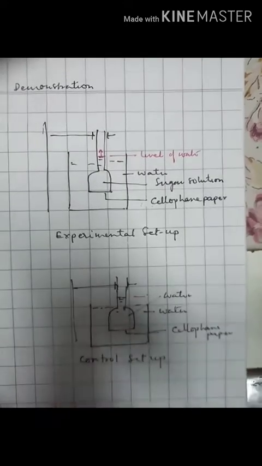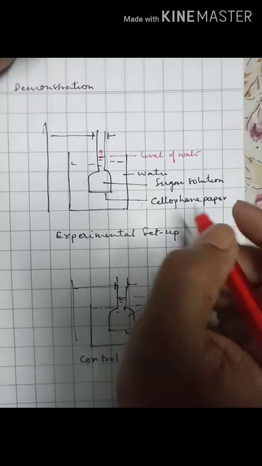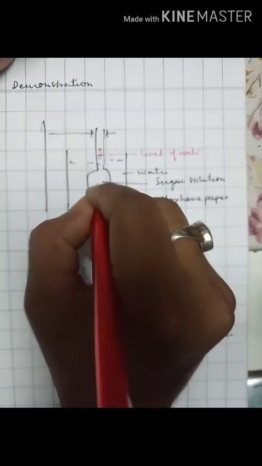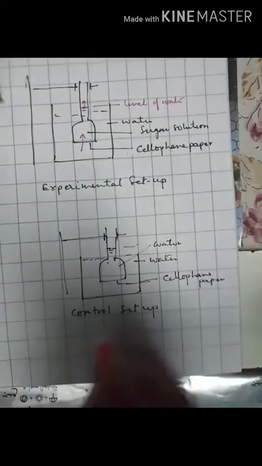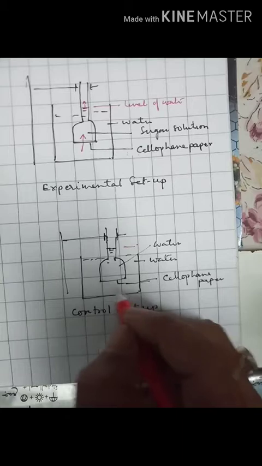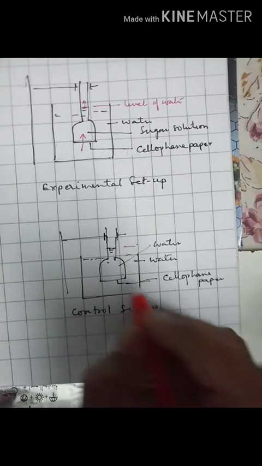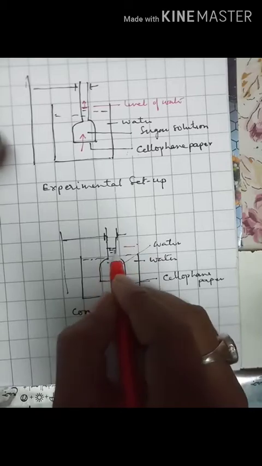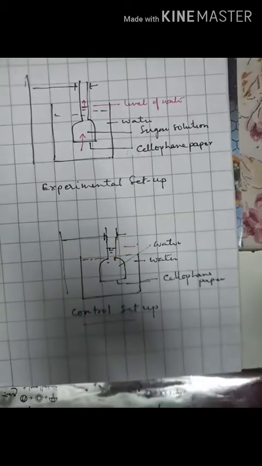This proves that osmosis takes place from higher solvent concentration to lower solvent concentration. But in the control setup, on both sides the nature of the solution is the same, so there is no movement. That's why the level of water does not rise in the control setup.